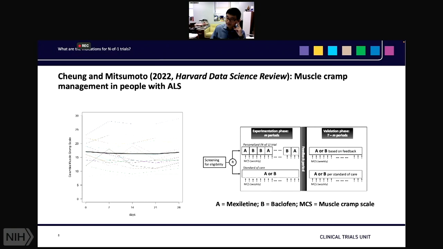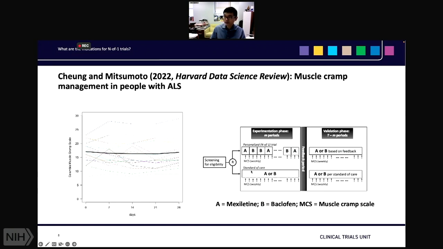What I'd like to emphasize in this particular study is the choice of the endpoint, because, as you know, ALS is a neurodegenerative disease. The patient will have declining function over time, but this is not about the function. It's more about symptom management, specifically muscle cramp in these people.